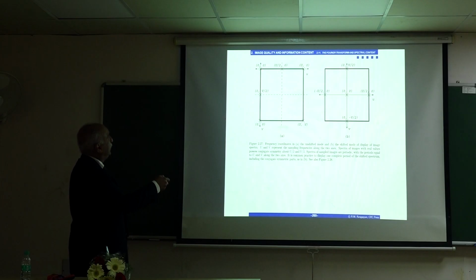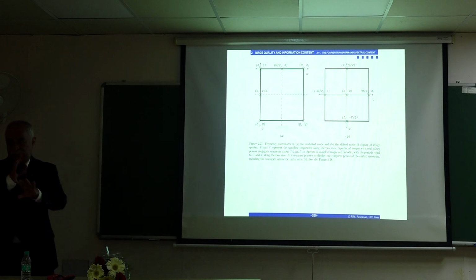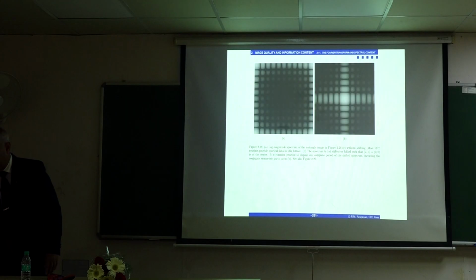So we need to take that part and put it here and shuffle so that we get a display with the 0 frequency here, maximum frequency horizontal there, negative maximum frequency minus U over 2, capital V over 2, maximum vertical frequency negative here. So that is shifting or centering the display.